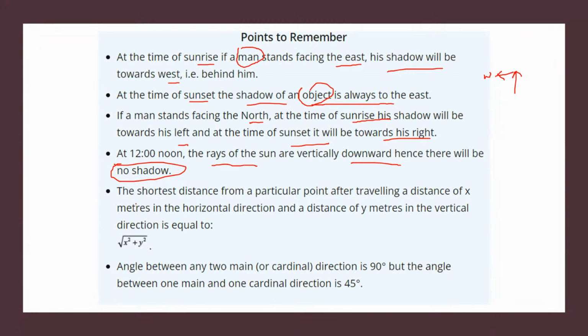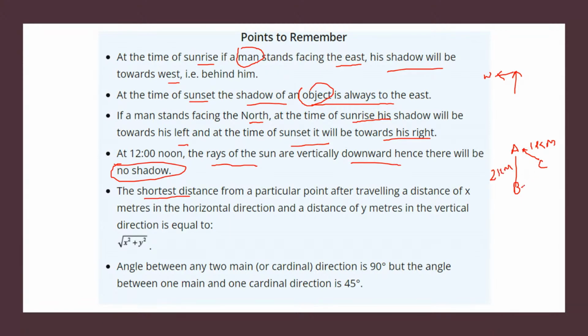Okay, the next is, if you want to calculate the shortest distance. Suppose there is a person A and a person B, and there is a person C, right? So A to C distance I know is 1 kilometer. B to C distance I also know is 2 kilometer.